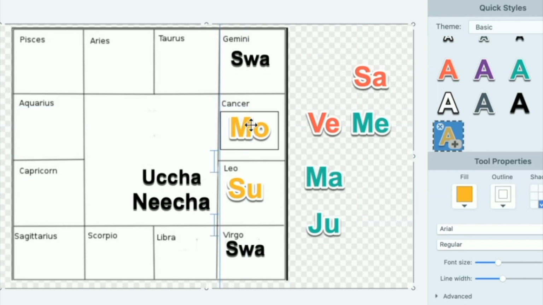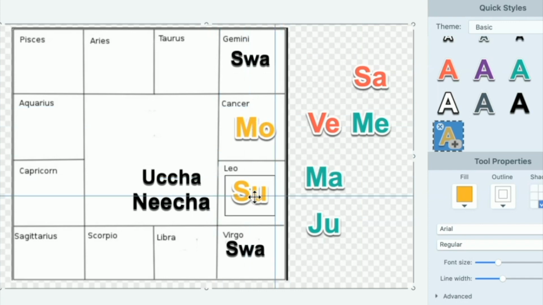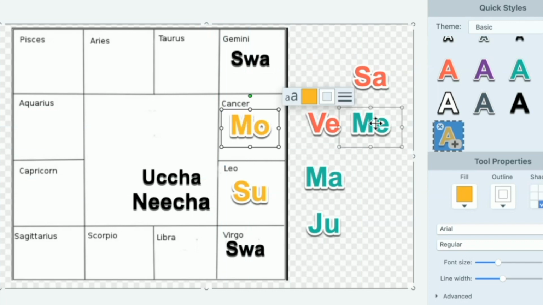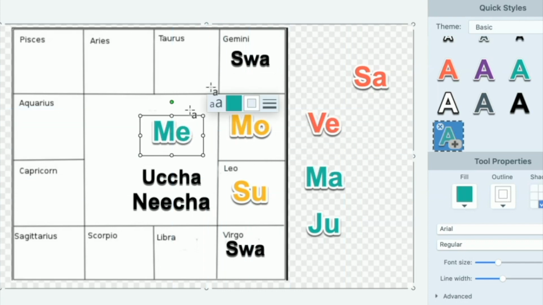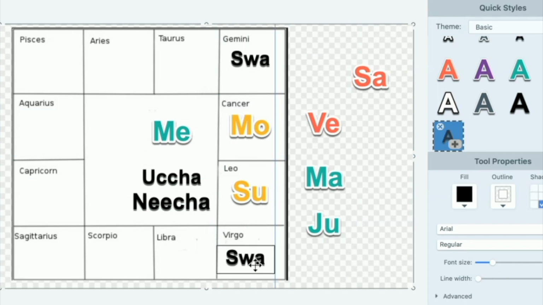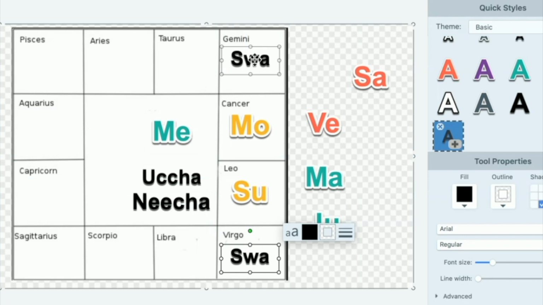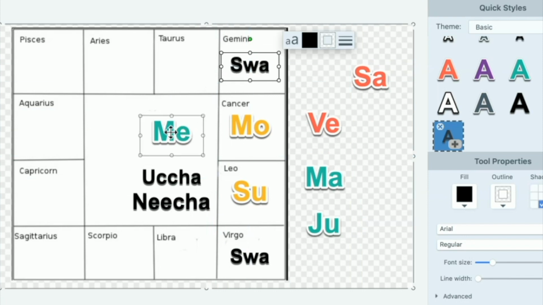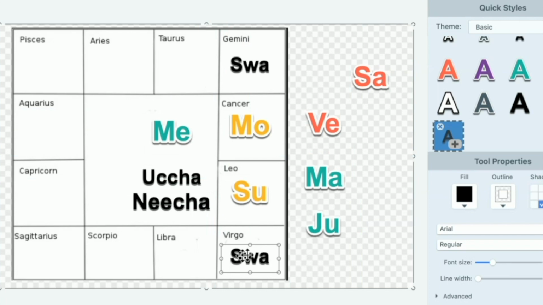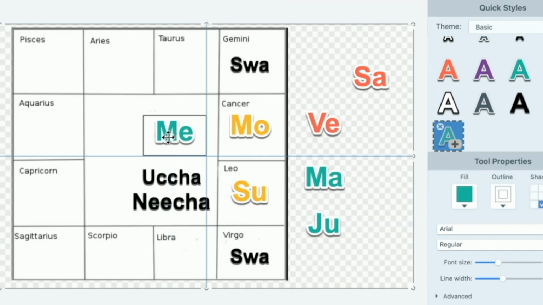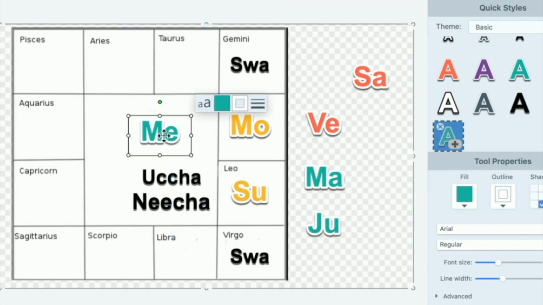Let's pretend the advisors are Mercury, because Mercury is a planet of communication and analysis. He's trying to give the king and the queen analytical advice about the economics of their kingdom. So you can remember that Gemini and Virgo surround the king and the queen, and they are ruled by Mercury because he gives economic advice.